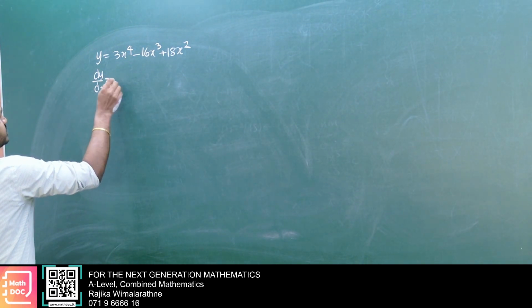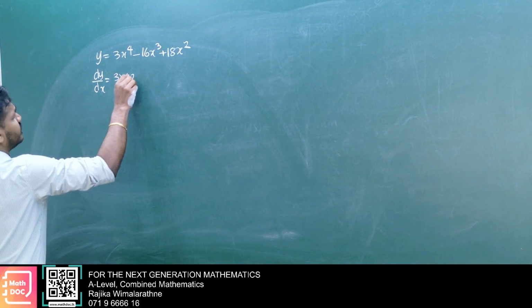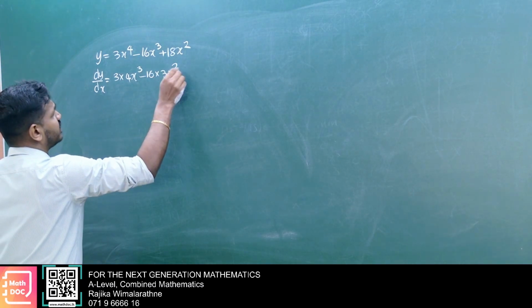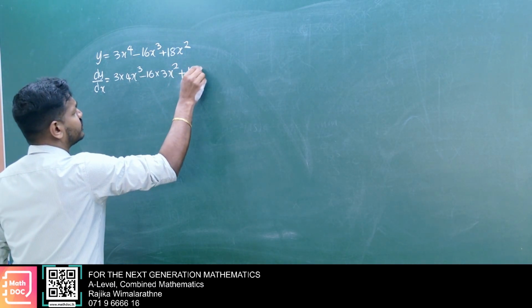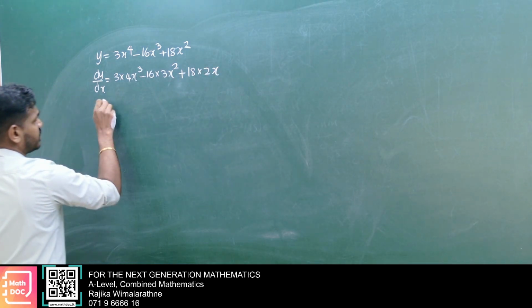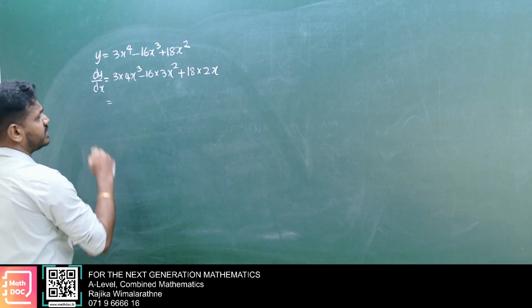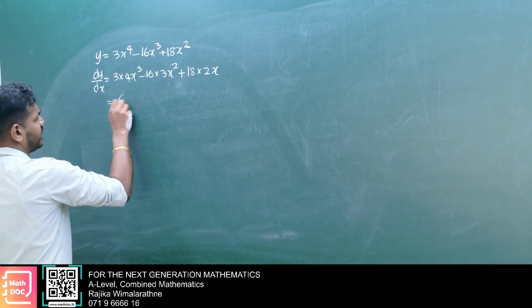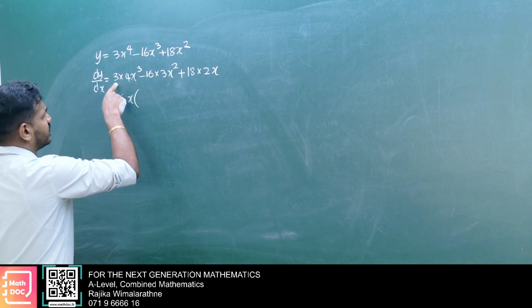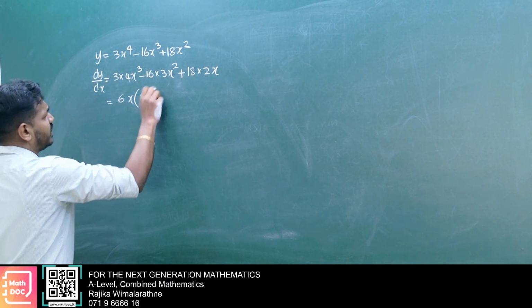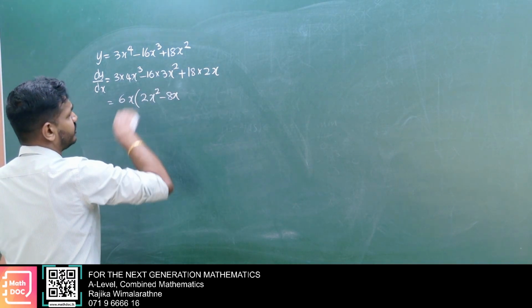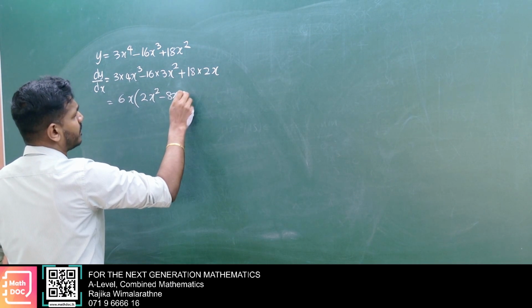dy by dx equals 3 into 4x cube, 16 into 3x squared, 18 into 2x. Now you take the common multiple outside. Here 6x is common, take it outside. Here 2x squared, 8x, 6.